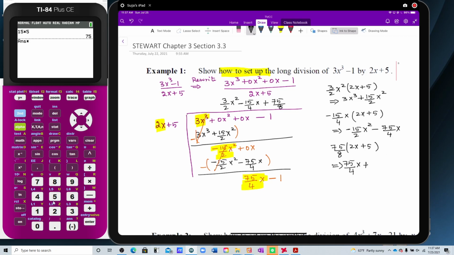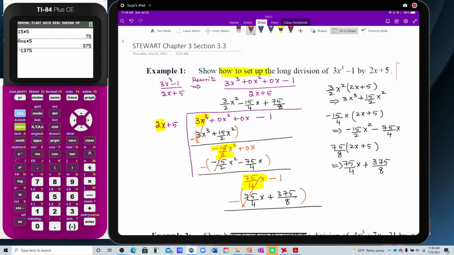If I multiply that by a 5, I'll get 375 divided by 8. So that goes down, 75 over 4x plus 375 over 8. Now again subtract. So it's minus of this whole quantity. Again, this disappears. Now I have a negative 1 minus 375 over 8.